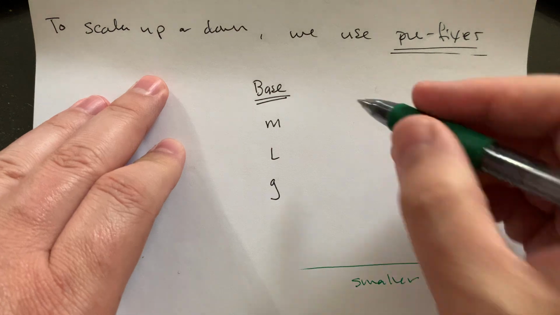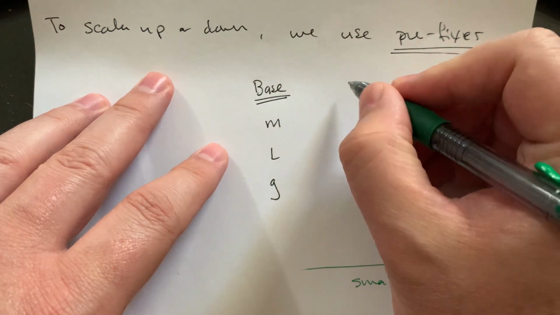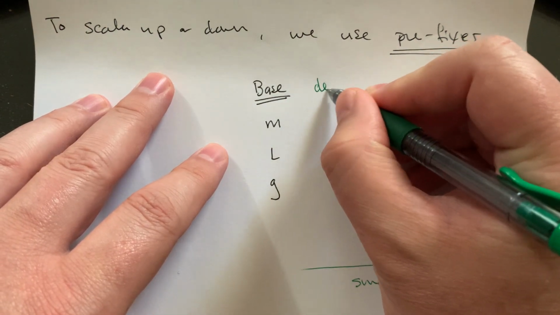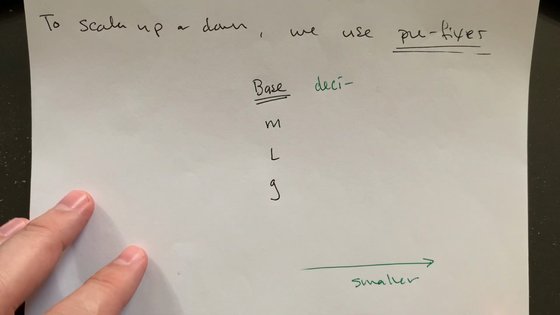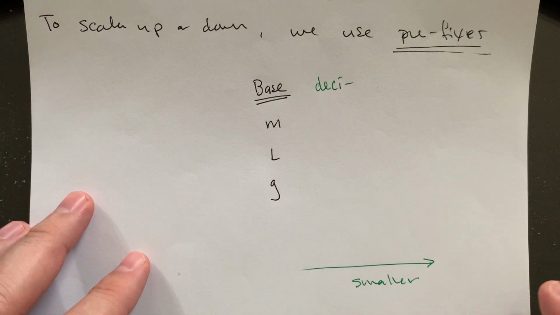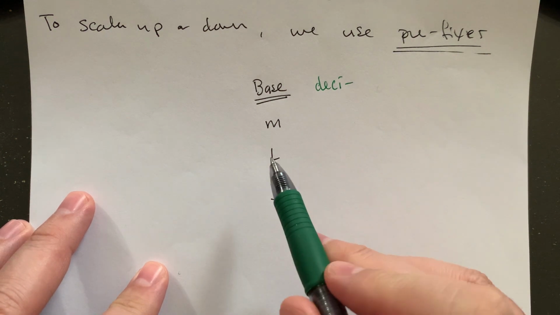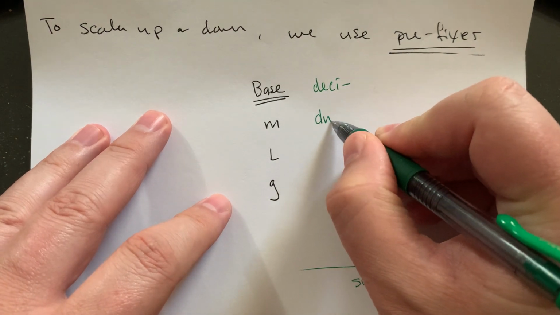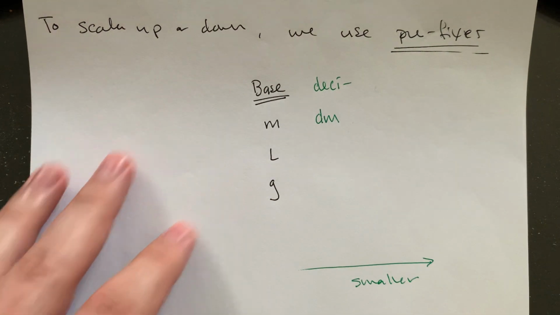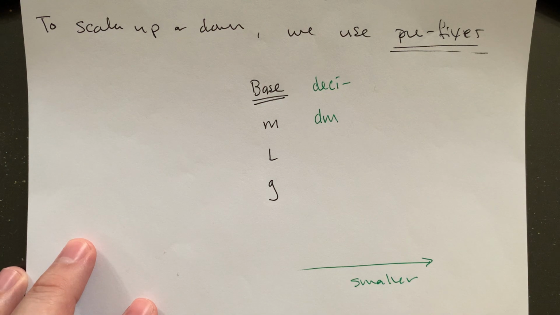The first prefix moving to the right, the first prefix to make it get smaller, is deci. A prefix is something you're attaching to the front of your word. Meter is our base unit, and so a decimeter is going to be abbreviated DM. And that's going to be 1/10 the size of a meter.